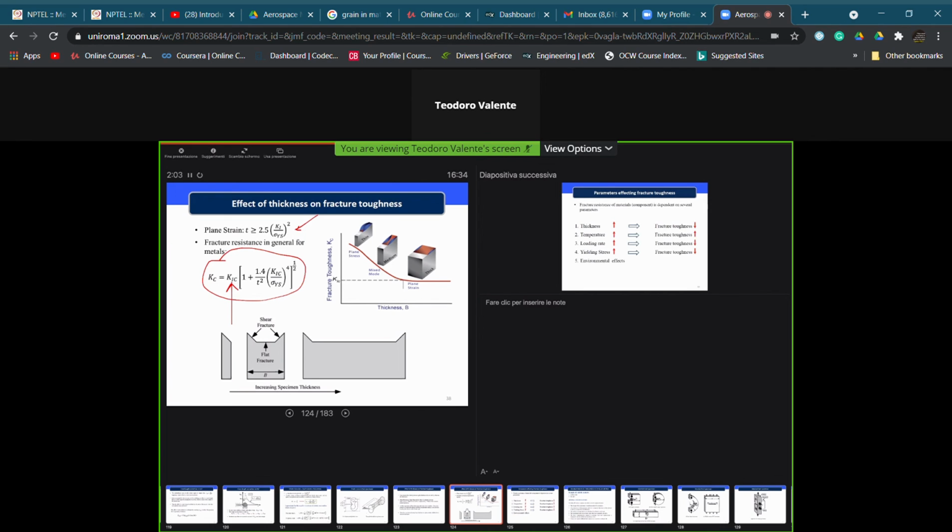And then you have values of Kc which are going to decrease if you increase the thickness. That depends on the real stress distribution around the crack tip, which is different depending on the thickness, because you can move from plane stress, to a mixed mode of opening of the crack, to plane strain depending on the thickness itself.